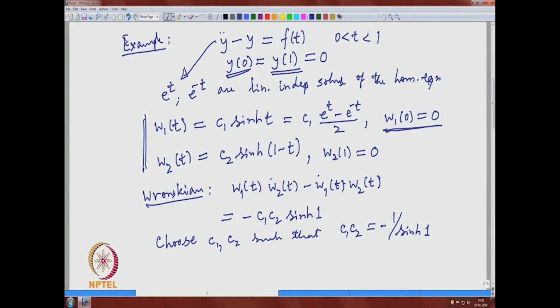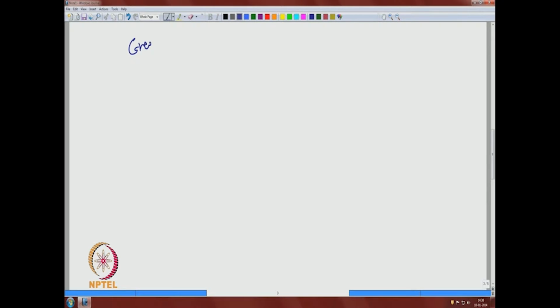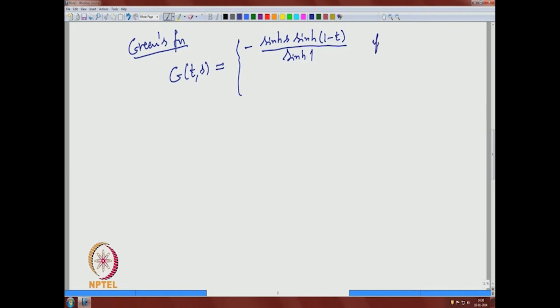Then the Green function in this case, G(t, s), is minus sinh s sinh(1 minus t) divided by this normalizing sinh 1, if 0 less than s less than or equal to t, and minus sinh t sinh(1 minus s) divided by sinh 1, if t is less than s less than or equal to 1.